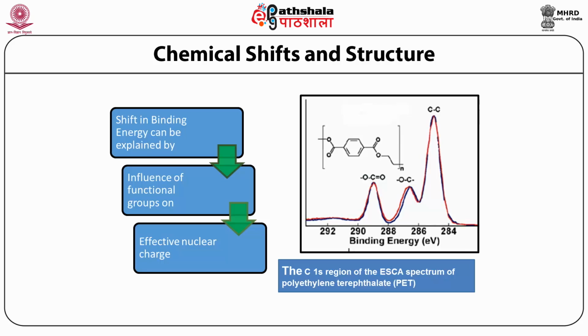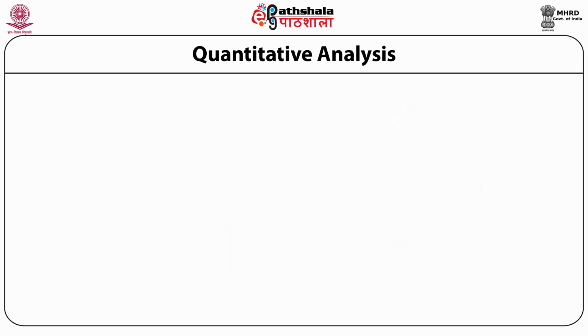The spectrum given on the right side of the slide shows the carbon 1s region of the ESCA spectrum of polyethylene terephthalate, PET, which indicates that there is a carbon-oxygen-carbon bond in the species.